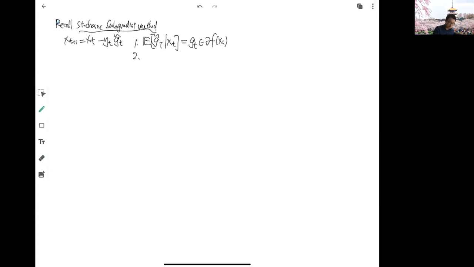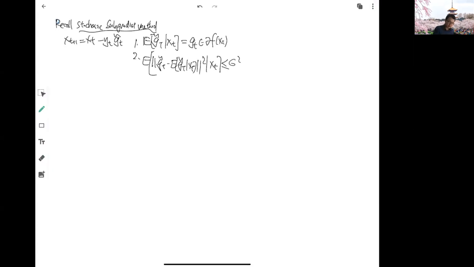The second assumption is that the variance given x_t is bounded.